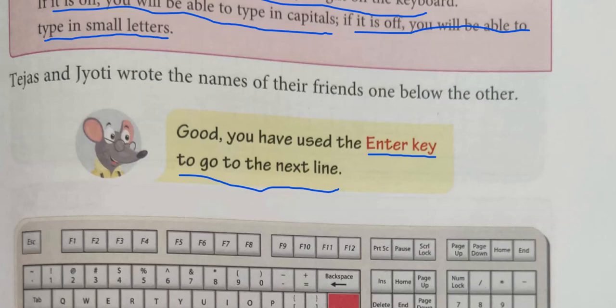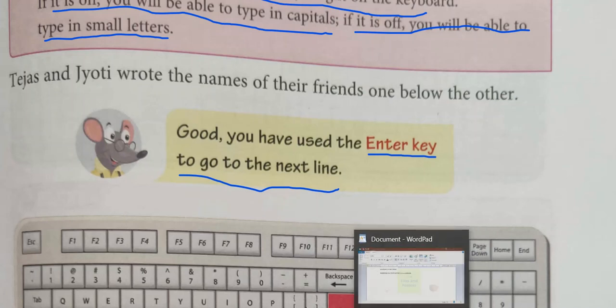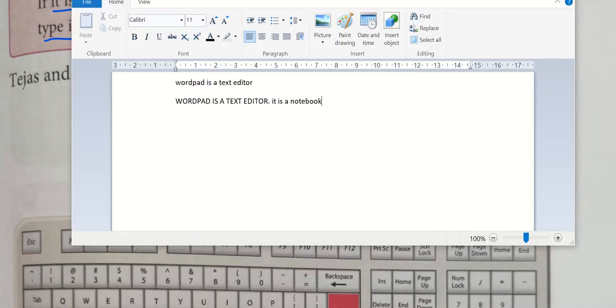Now next line means, for example, here I have written this line in one line, and after that I started in the next line, and again this time I want my cursor to be here.